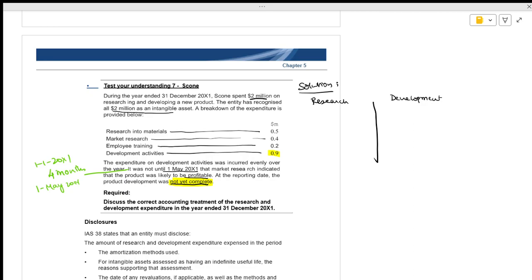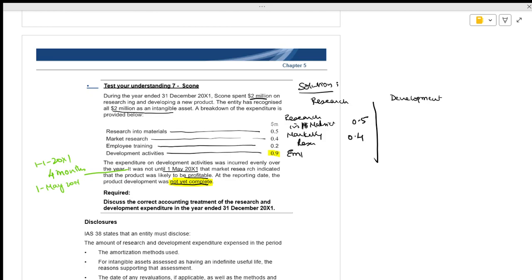See, what are the research expenses? You have research into materials, how much? 0.5. Marketing research, how much? 0.4.